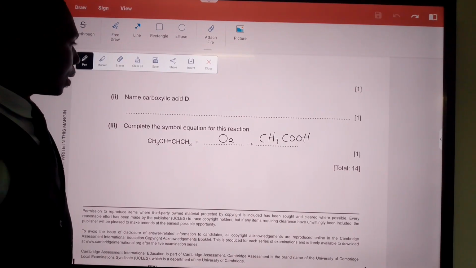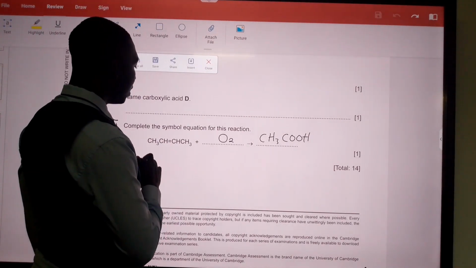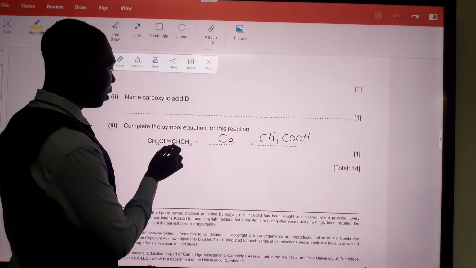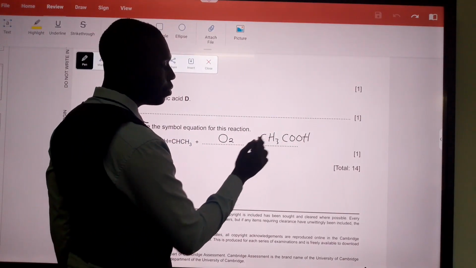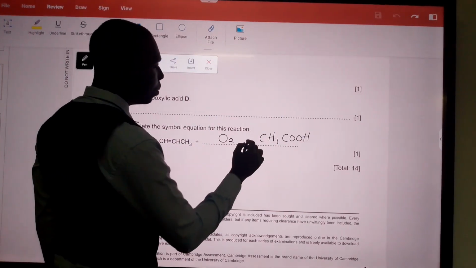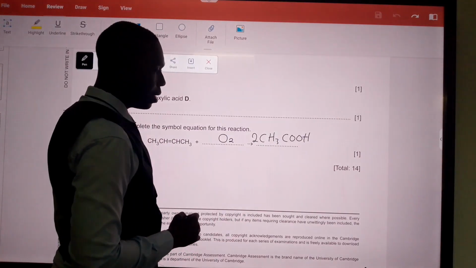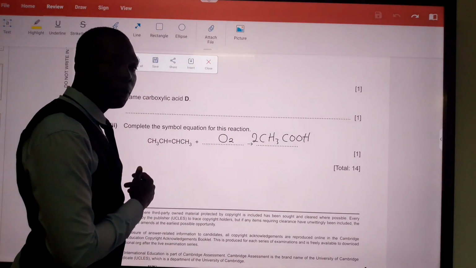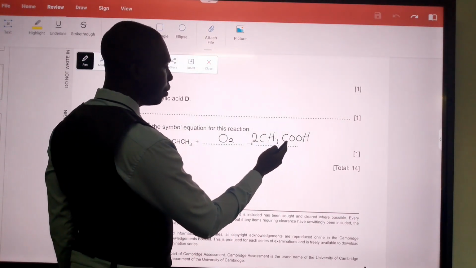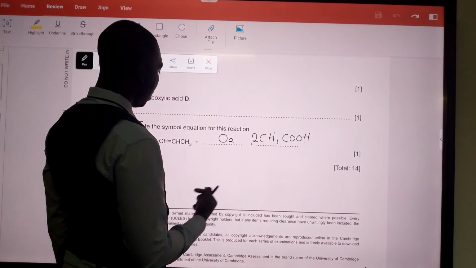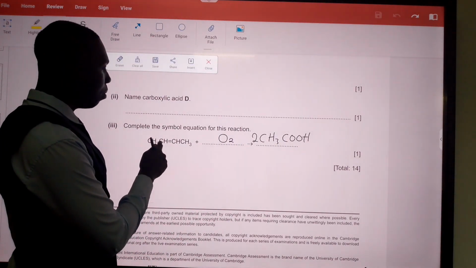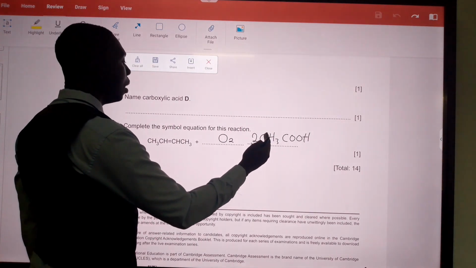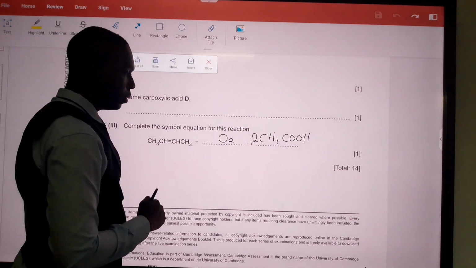To balance this equation, you can see that on the left hand side we have 1, 2, 3, 4 carbon atoms, and on the right side we have 1, 2 carbon atoms. So we multiply by 2 to balance the number of carbon atoms. Now we have 1, 2, and times 2, this becomes 4. So there are equal numbers of carbon atoms on the right and on the left.